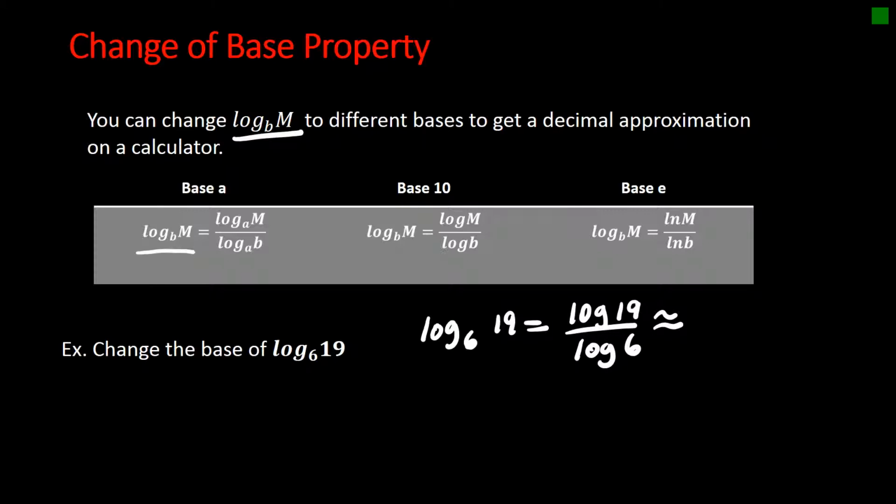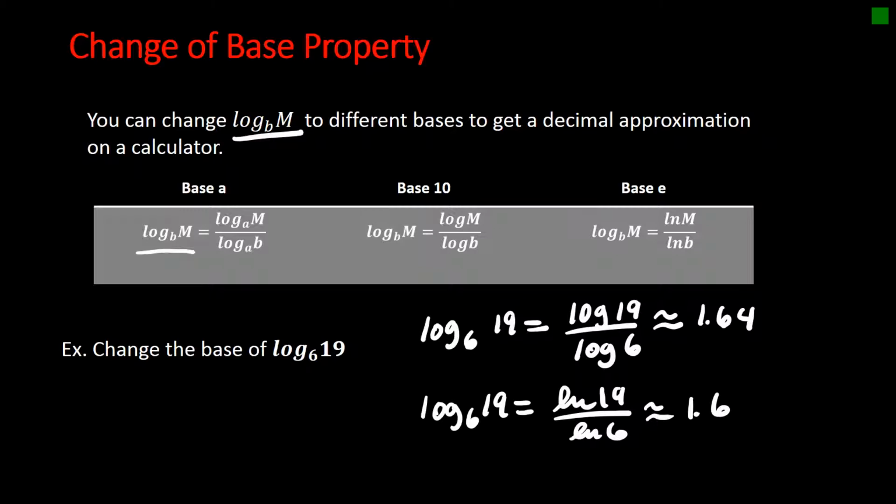And if you put that in your calculator, you should get a decimal approximation of 1.64. Then if we look at log base 6 of 19 and we want to do natural log 19 over natural log 6, again, you get 1.64. So it does not matter which one you change the base to, whether base 10 or base e, you'll get the same result.